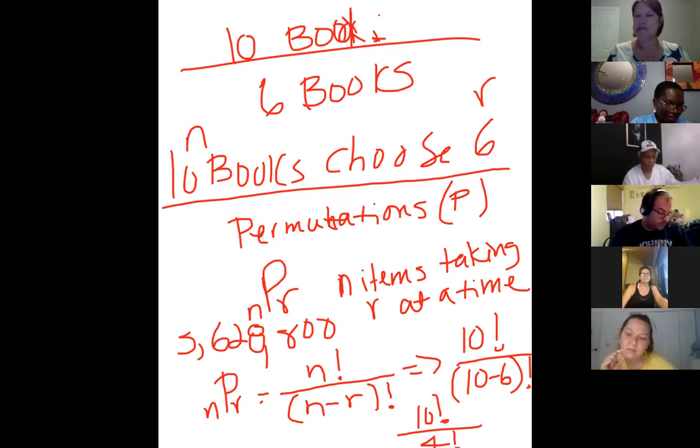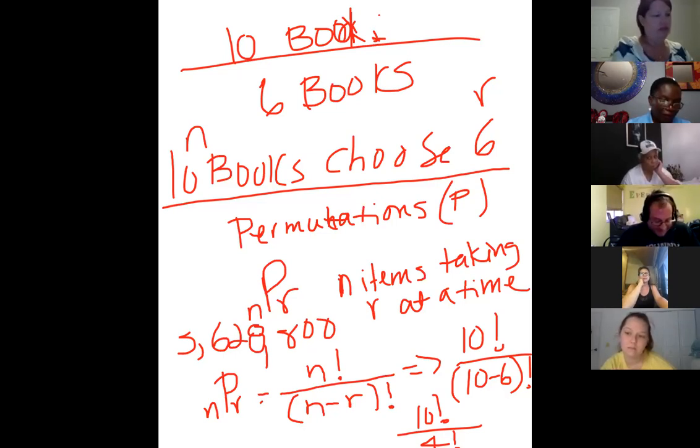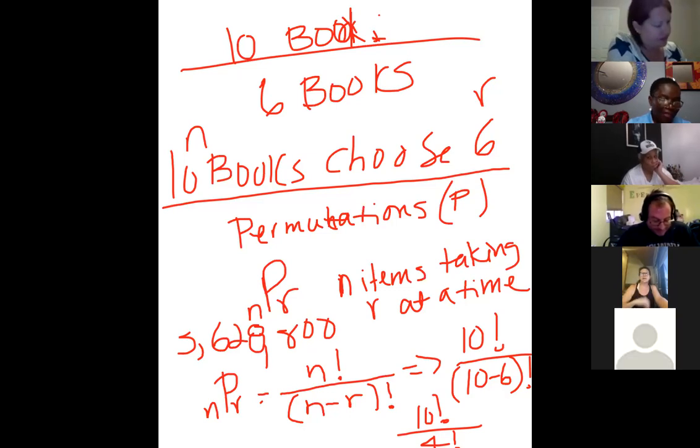I got 151,200. That sounds better. So, Mike, what did you plug in? 10 factorial? You want 10 factorial divided by 4 factorial. All right, hold on. I got 151,200. Yeah, that's what I got. Better. Yep, 151,200. All right, Mike.